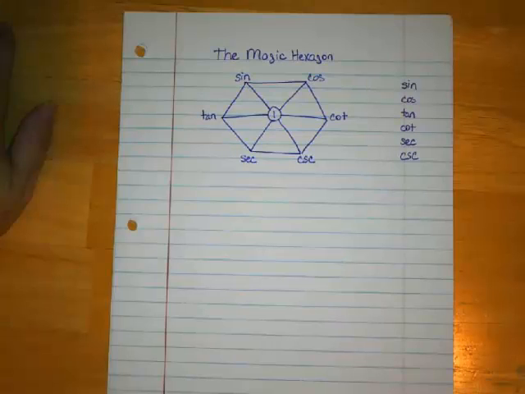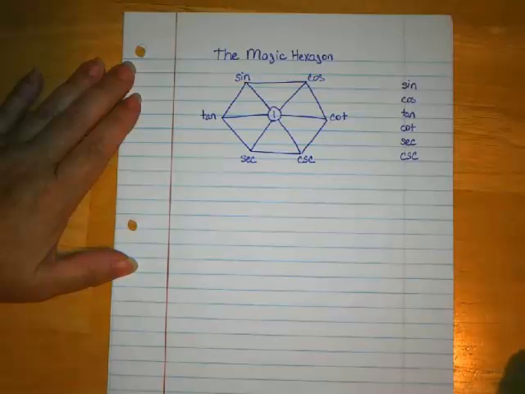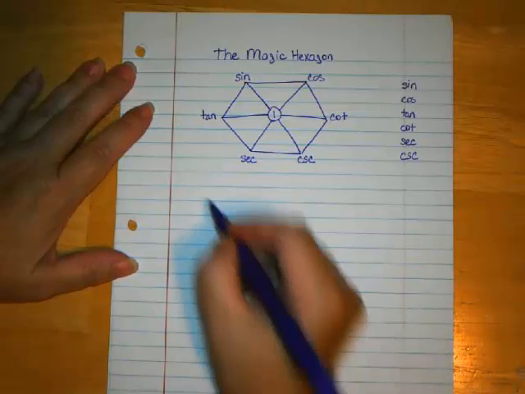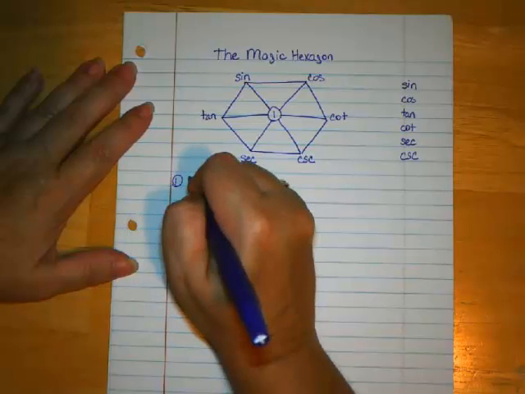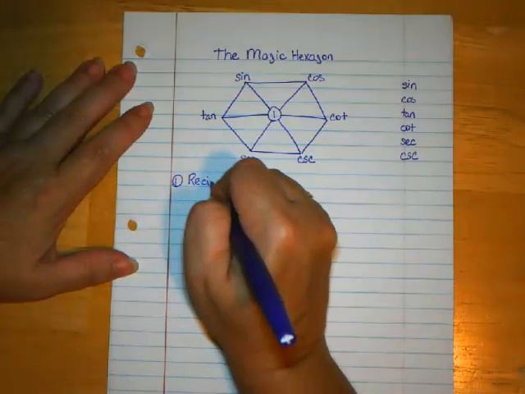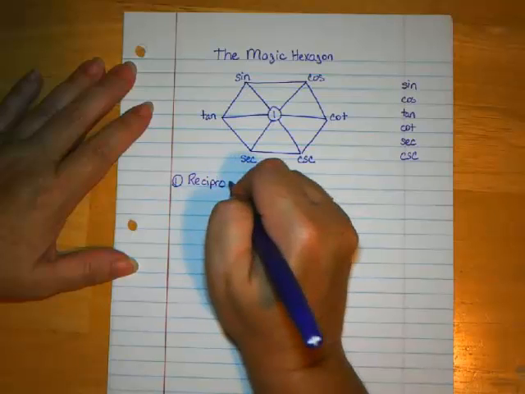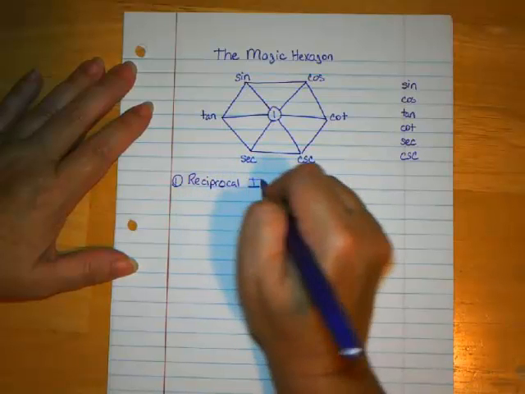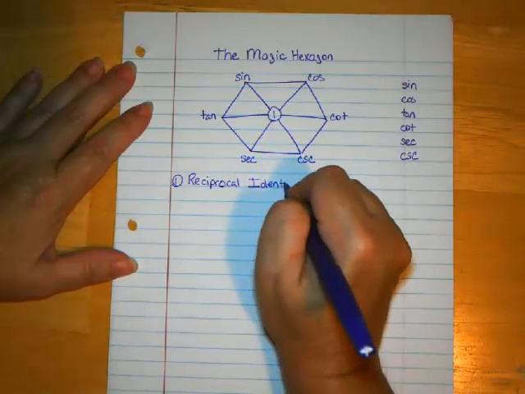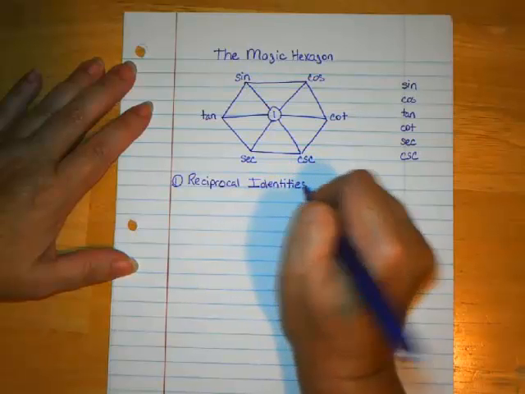Now let's talk about the categories of identities that the hexagon will help you remember. The first category is the reciprocal identities. A lot of times in calculus, you're trying to think, now, which trig function is the reciprocal of the other? Does sine go with secant? Does cosine go with cosecant?